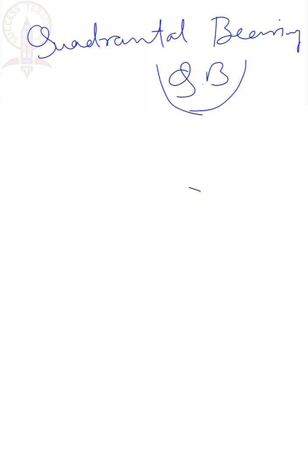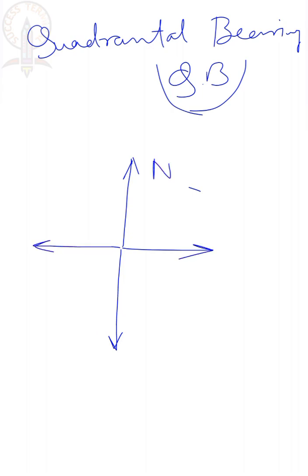Quadrantal bearing is slightly different from whole circle bearing. What is the difference? Here we are taking not only north, also south, also east, also west. So north, south, east, west we are taking. What will happen? Let's see.